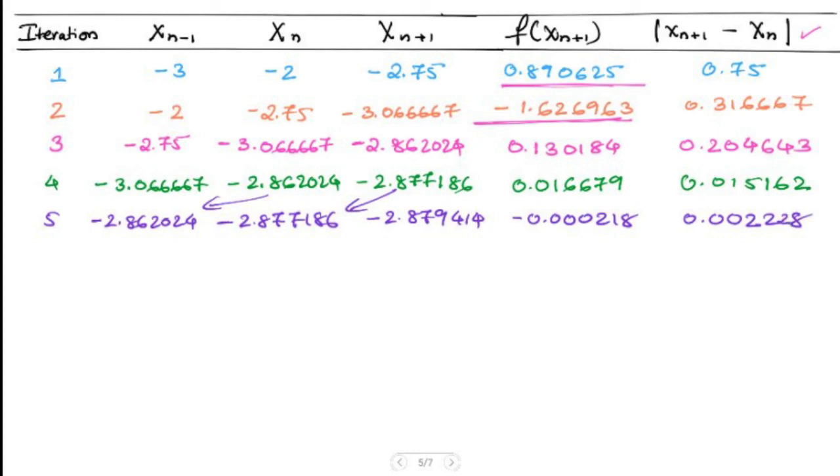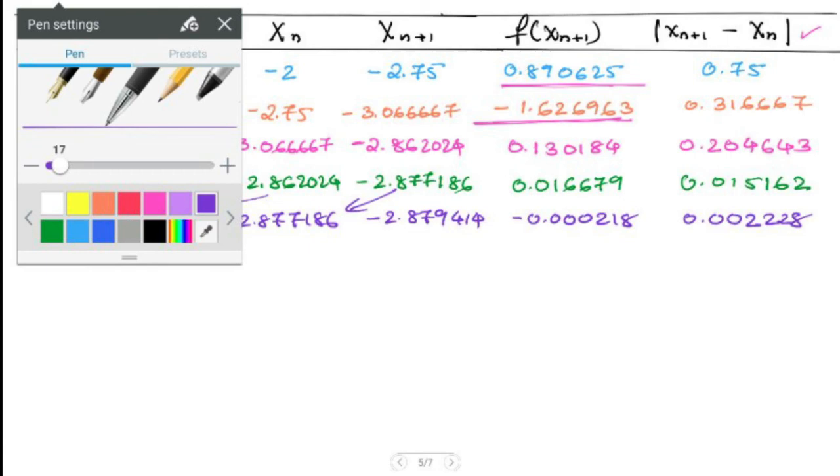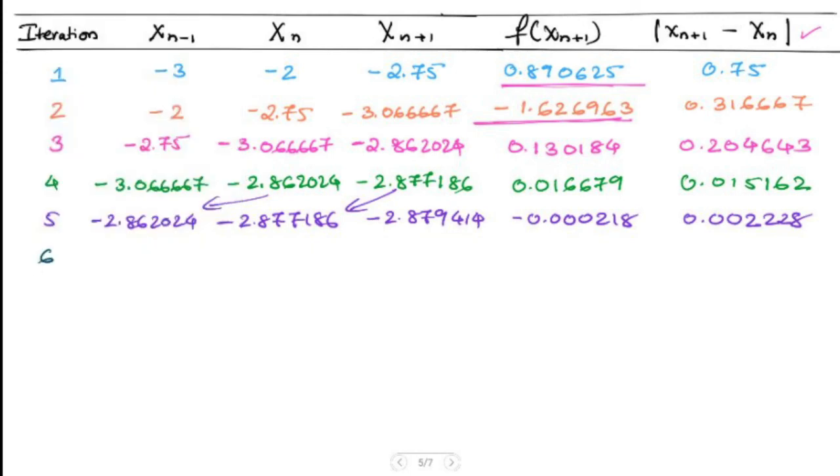Okay, now here we go to the sixth iteration because our value is still not less than 10 to the power minus 4. So let's go to the sixth iteration now.